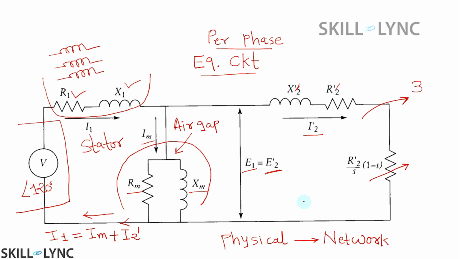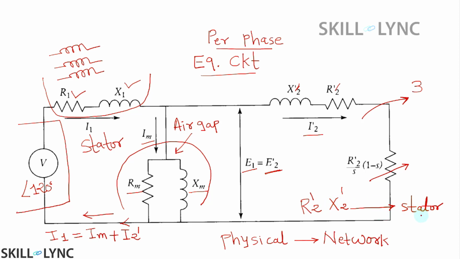If you refer to R2 or X2, these are rotor parameters which are natural. But when we use the terminology R2 dash or X2 dash, these parameters are referred to the stator side.